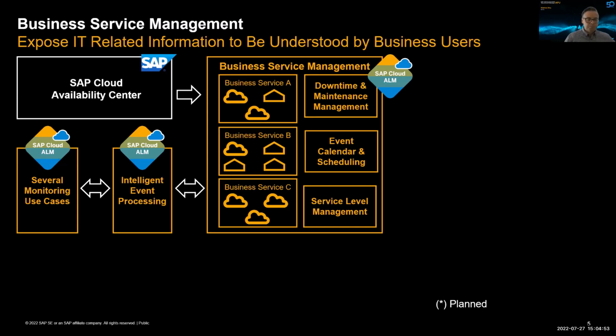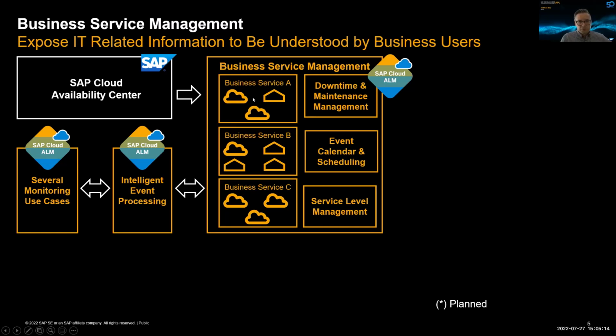And this information we now also collect into the Business Service Manager application of Cloud ALM. So we get from all the cloud services information about disruptions, degradations, maintenance information, and also communication events where we give some updates to the services.